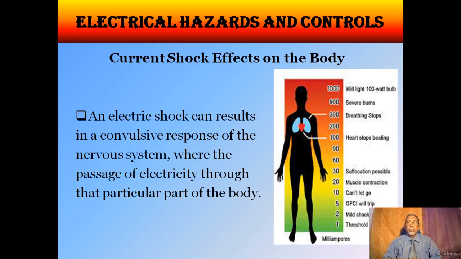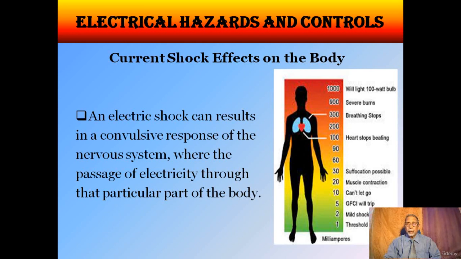So, we are seeing a diagram here. In this diagram, you are seeing the electric current in milliamperes, from 1 milliampere to 1000 milliamperes. That is, when the current passes and the amount of current is induced in your body, what happens?